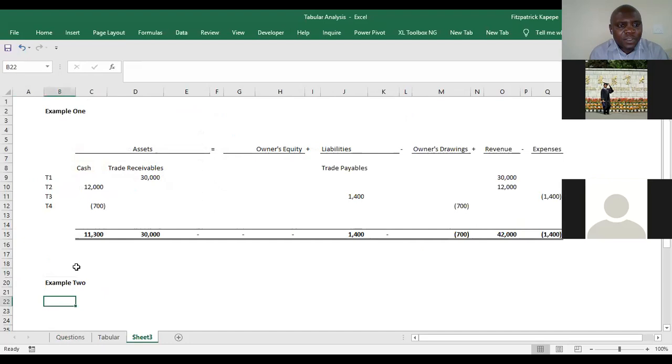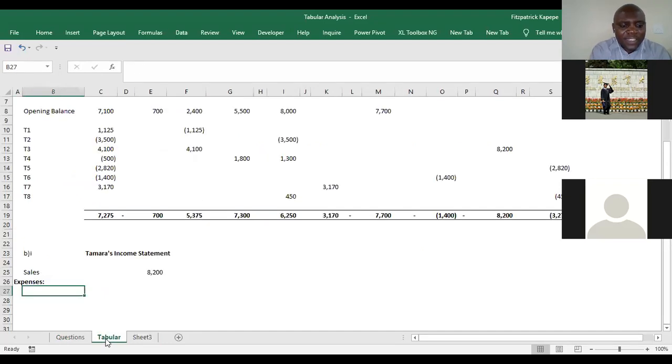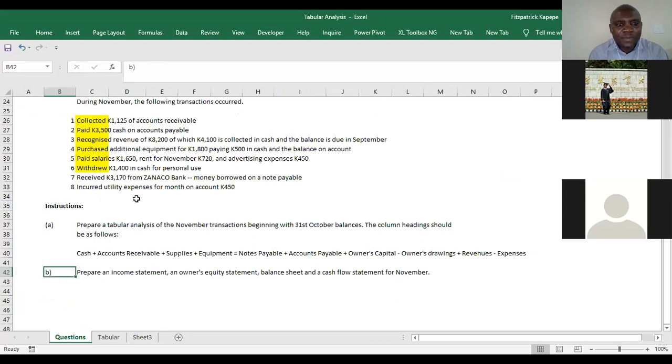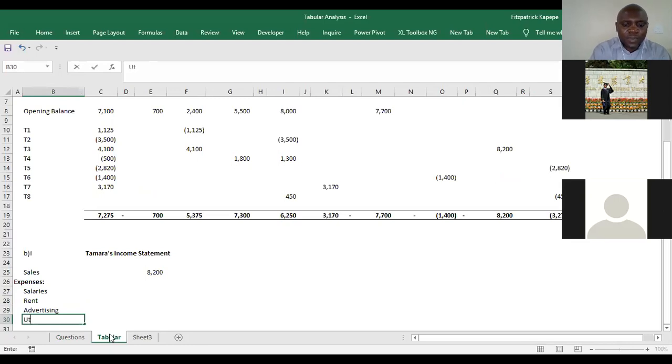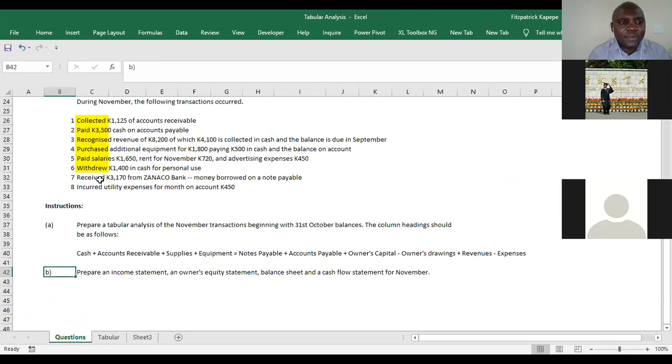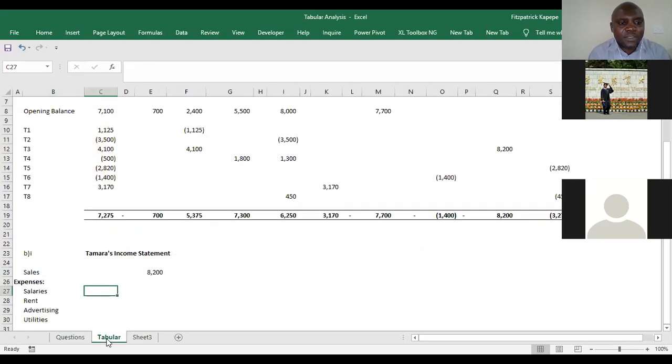So that's salaries. This is how you should show it. Rent, advertising. What else was there? Utilities. So how much was salary? Guys, salary is 1650.